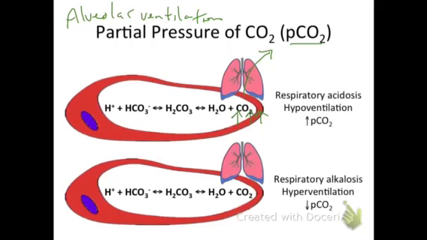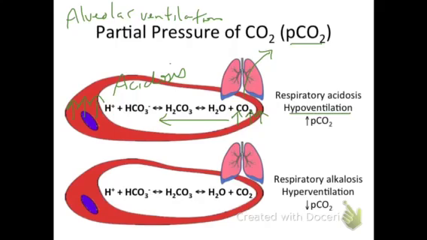This buildup of CO2 then causes the bicarbonate equation to shift to the left to reach equilibrium. Then there are increased concentrations of hydrogen ions, and this causes an acidosis. This decreased rate of alveolar ventilation is termed hypoventilation. You can actually induce a respiratory acidosis in yourself if you hold your breath.